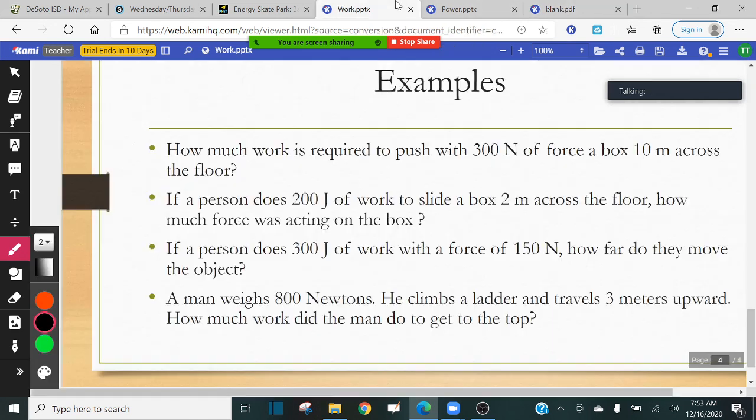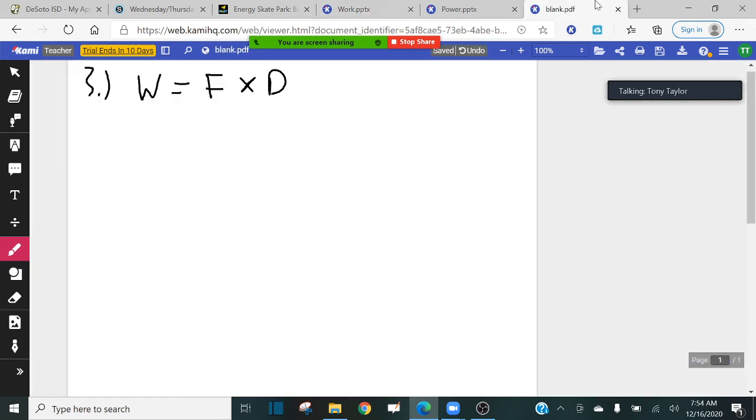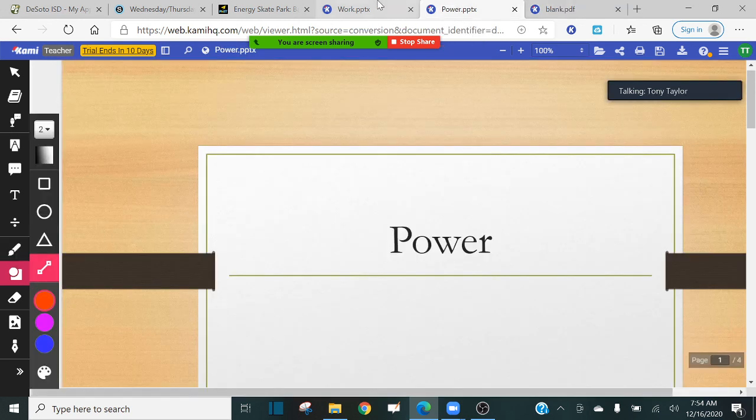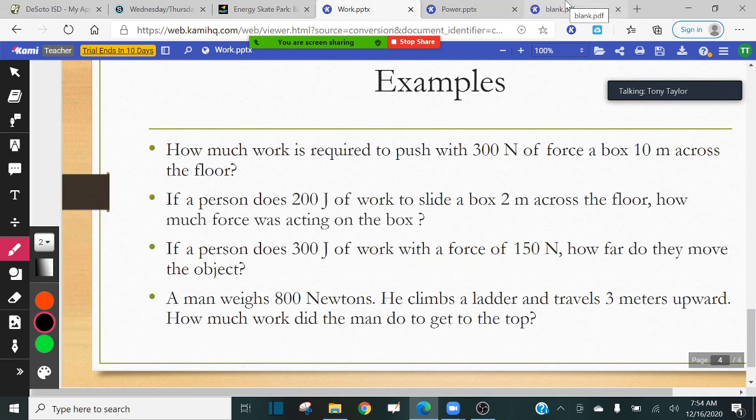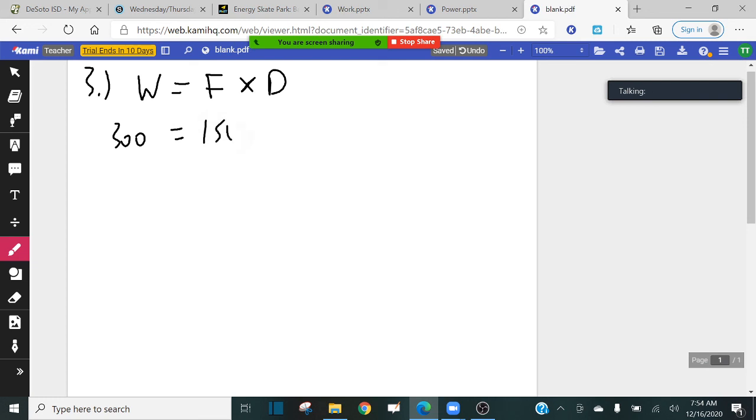So the work done here is 300 joules. The force is 150 newtons. So now the goal here is to solve this equation for distance. How far has it traveled? So we need to do the opposite of multiplication.